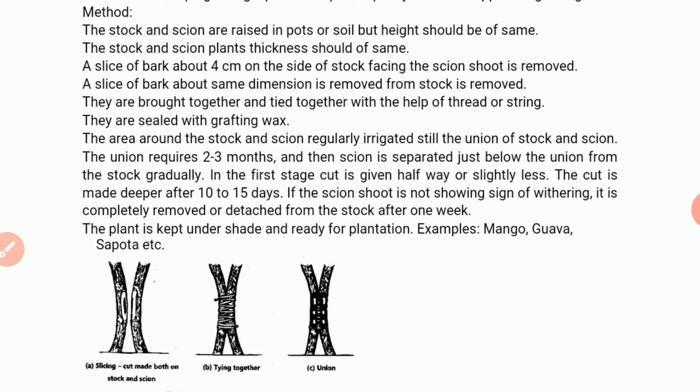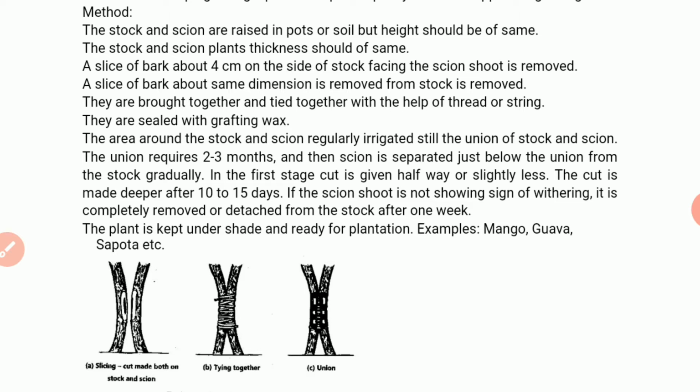The union requires 2 to 3 months, and then the scion is separated just below the union from the stalk gradually. In the first stage, the cut is given halfway or slightly less. The cut is made deeper after 10 to 15 days.